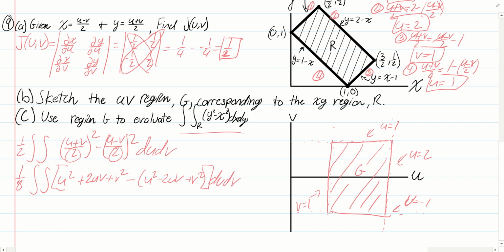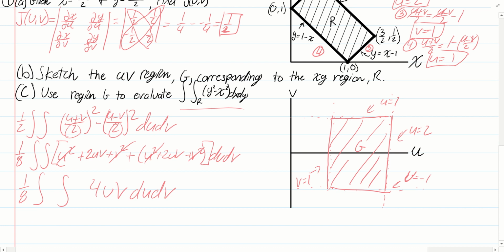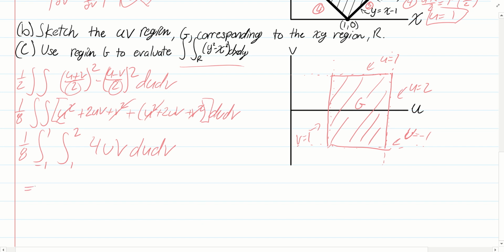So if you look, these u's will cancel, these v's will cancel, and then we're left with 1/8 of, and this becomes a plus 4uv, du dv. Looking at our limits for u, it's going to be from 1 to 2. Looking at our limits for v, it's going to be negative 1 to 1. And that's just going to be 1/8 of it. It's going to end up canceling out. It's all going to equal 0.